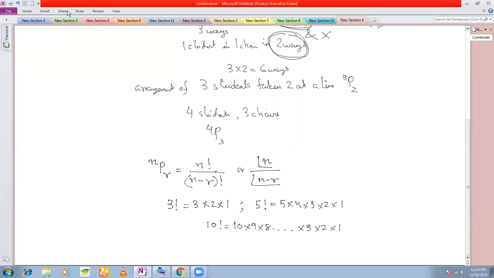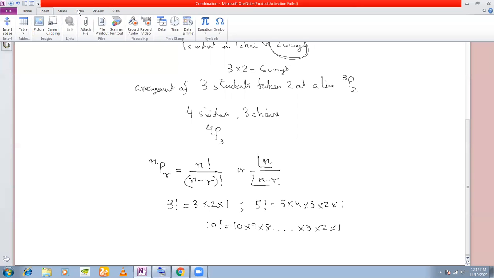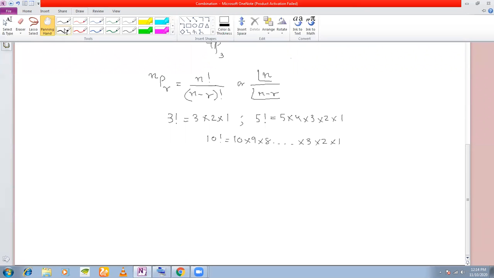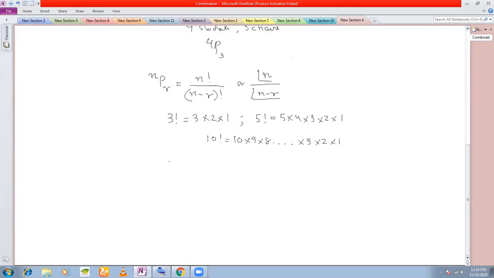Let us take an example and see. Suppose I want to calculate 6p4, how will I calculate this? This is factorial 6 by factorial 6 minus 4, which is factorial 6 by factorial 2. 6 minus 4 is 2.